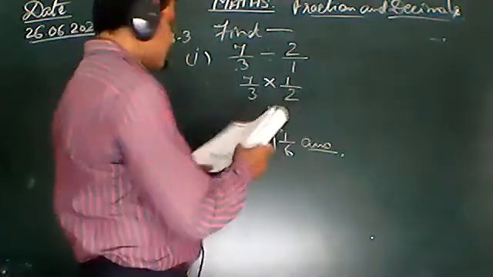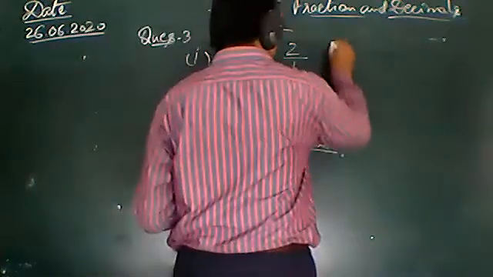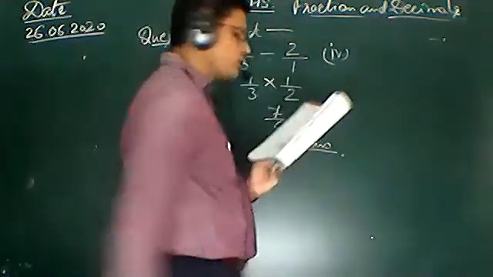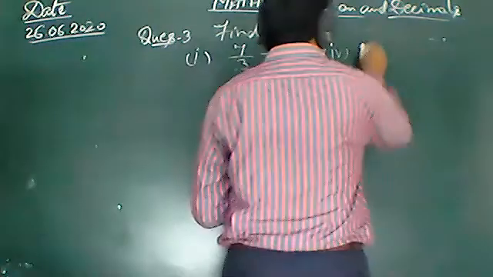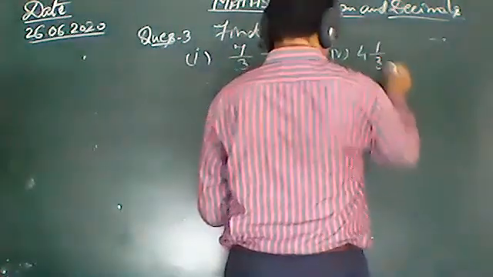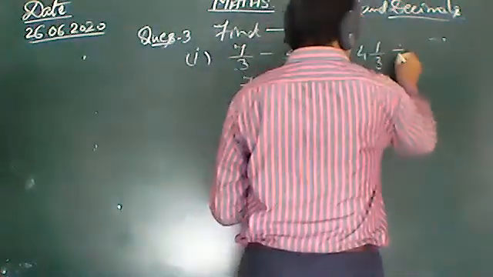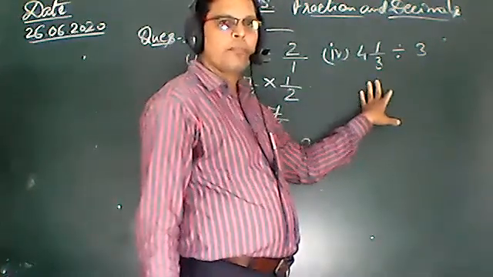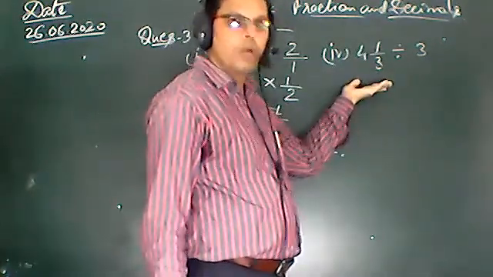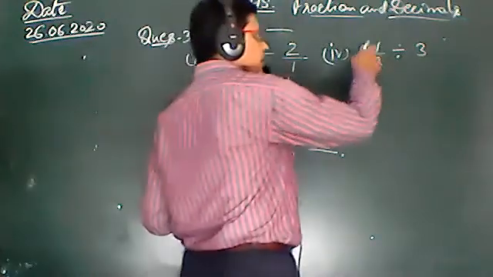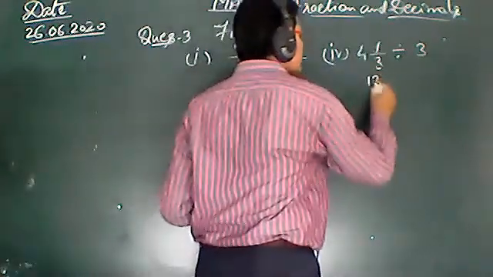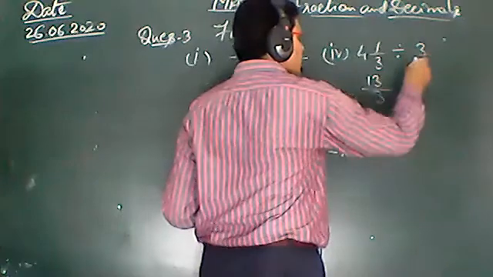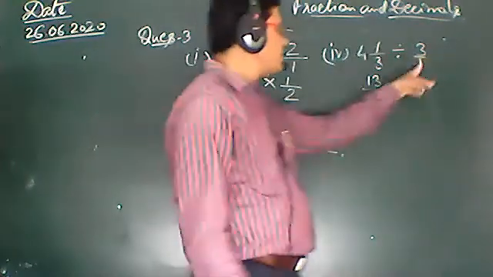Now we take the fourth part of this question. The fourth part is 4 whole 1 by 3 divided by 3. First, this mixed fraction is converted into an improper fraction. 4 3s are 12 plus 1, 13 by 3. And now we write 1 under the 3.